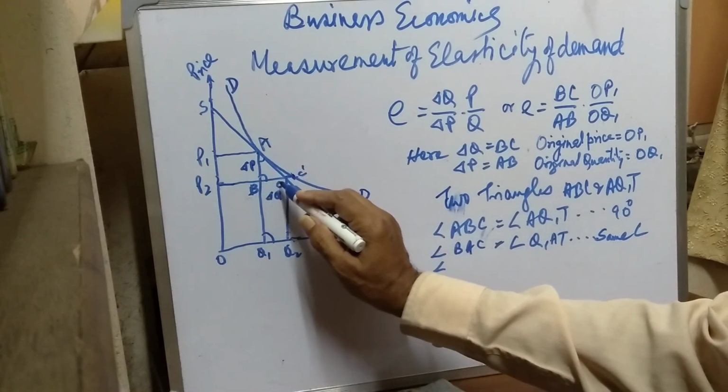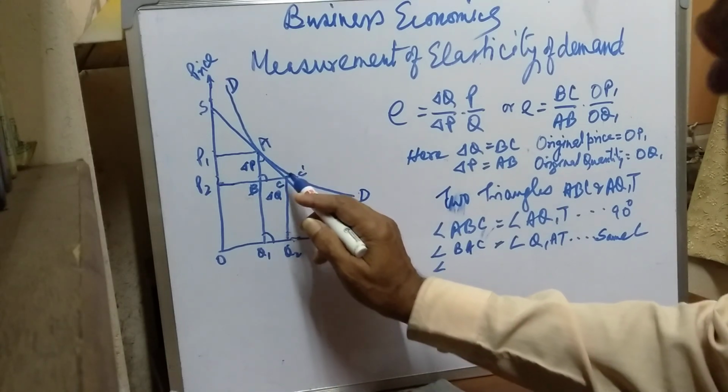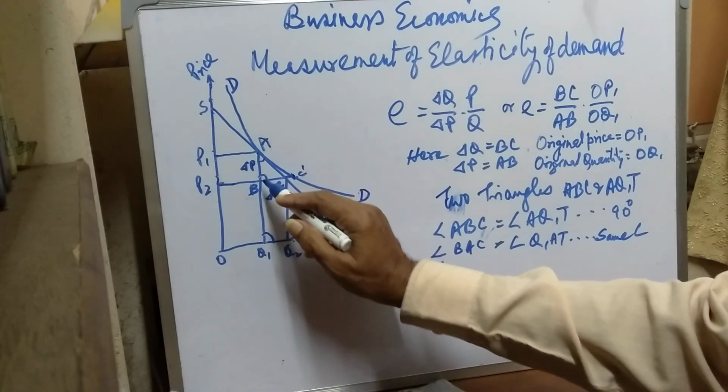Last of all, both are right angle triangles. The third angle should be the same because the other two are the same.